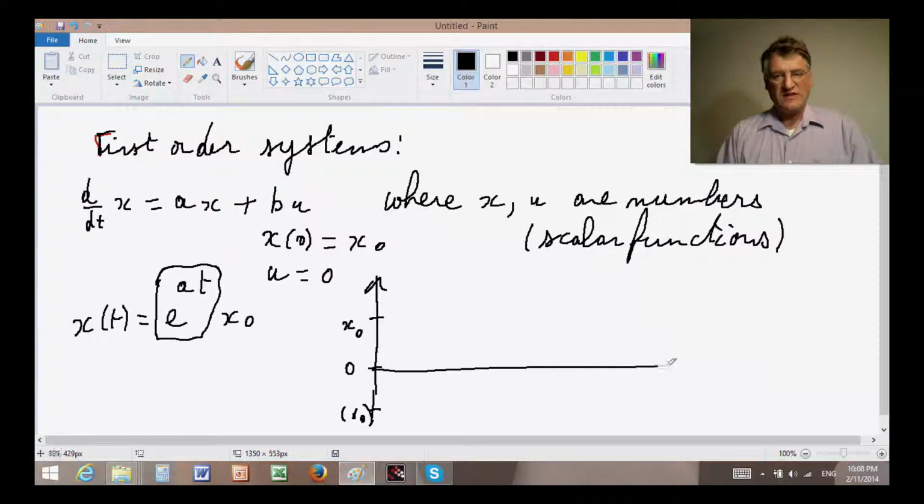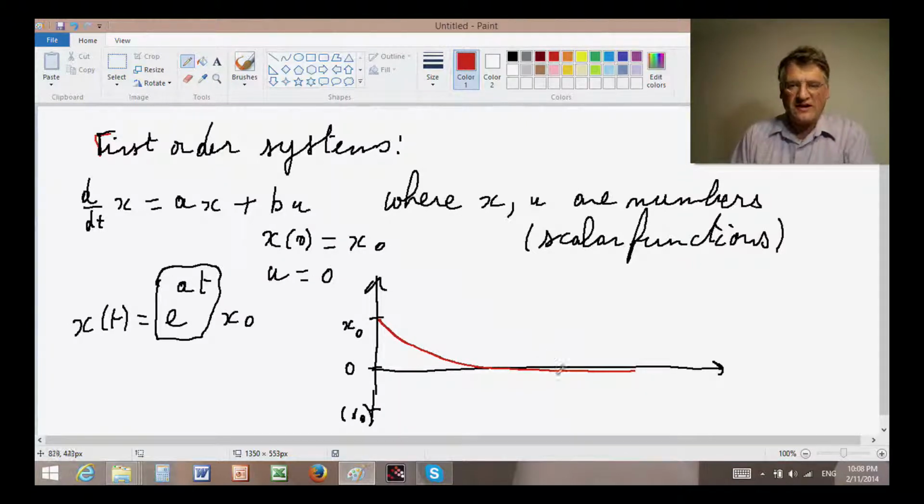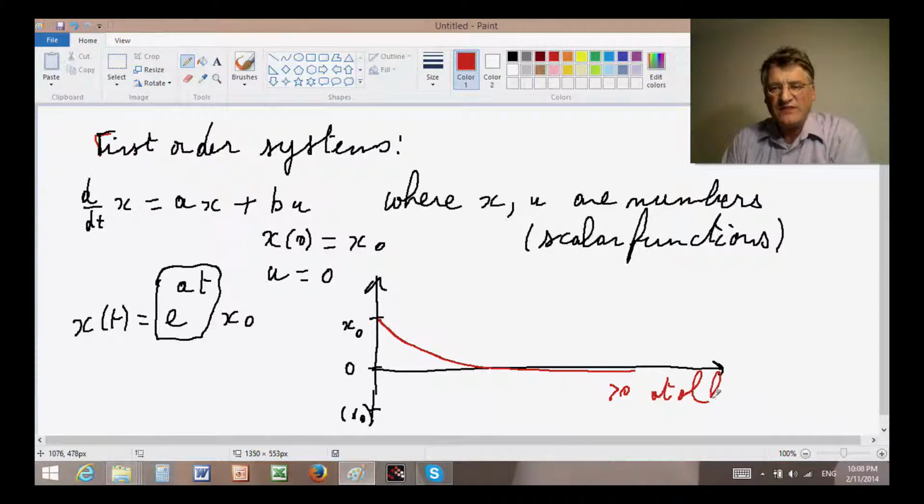Then the response of the system will look like this. It doesn't go exactly under 0, but my pen did. It remains positive at all times if the initial condition is positive, or negative at all times if the initial condition is negative.